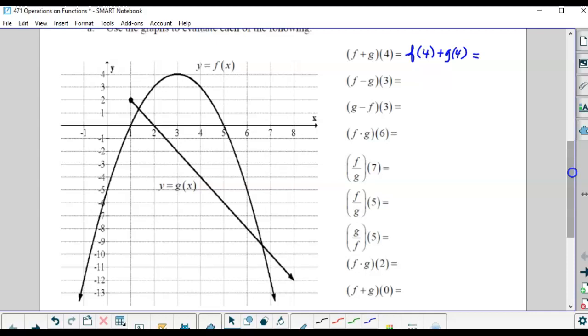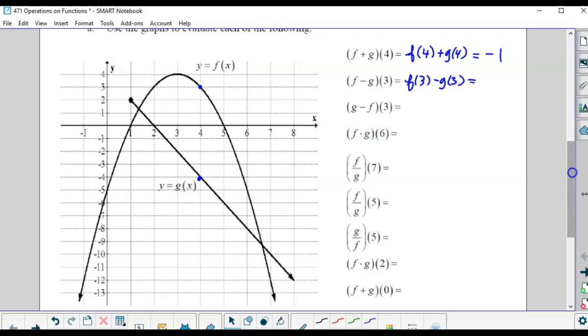So you're going to do this basically in your head. You want to look at the f graph: when x is 4, y is 3. The g graph, that's negative 4, and you add them together. So 3 plus negative 4 is negative 1. Subtracting, so this is the same as f of 3 minus g of 3.